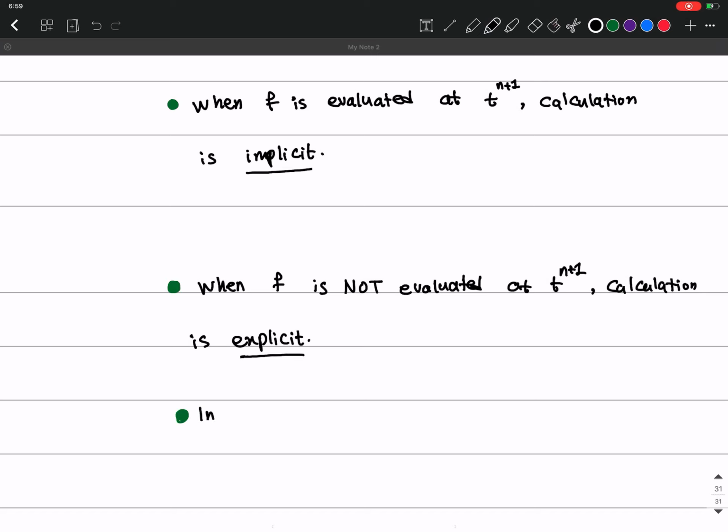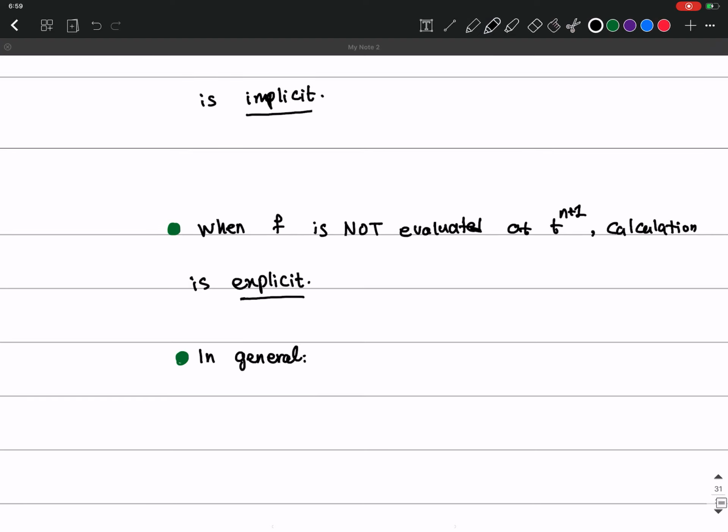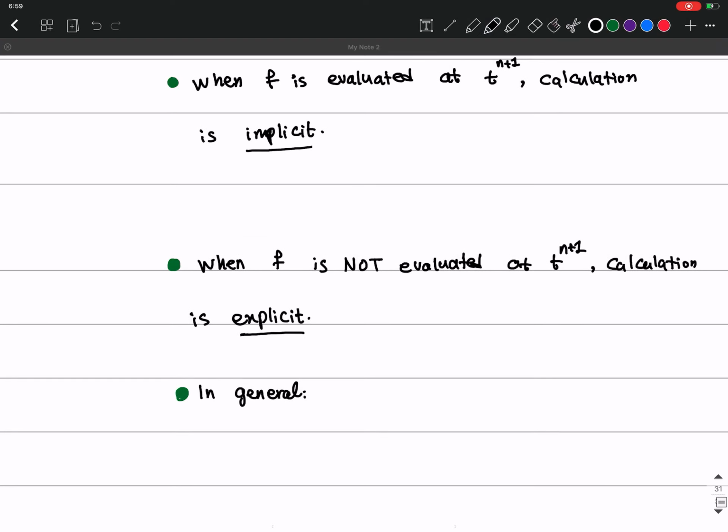In general, explicit methods can be up to order delta t to the 2p accurate, depending on the order.